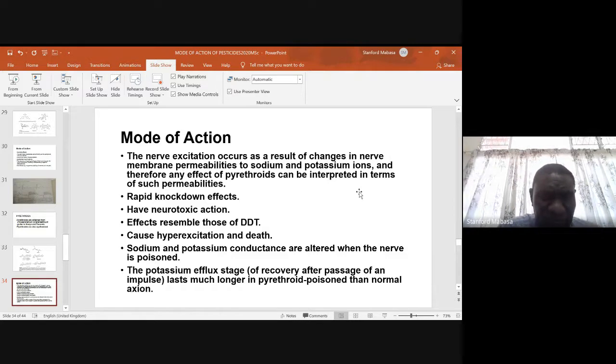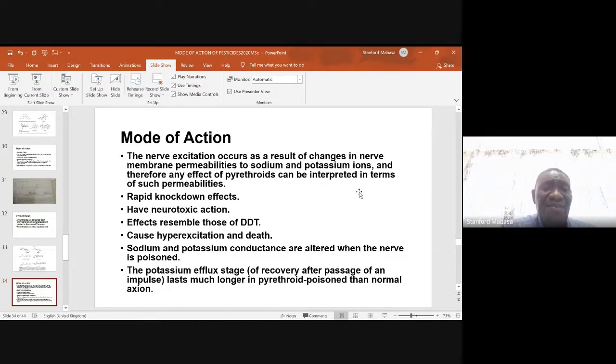They have a neurotoxic action, and the effects resemble those of DDT. They cause hyperexcitation and death. They cause a lot of excitement in the insect. Sodium and potassium conductance are altered when the nerve is poisoned.